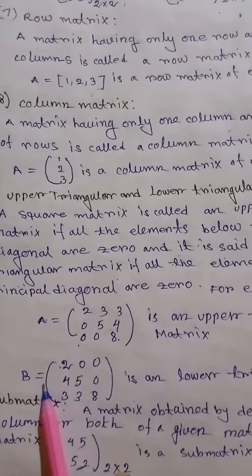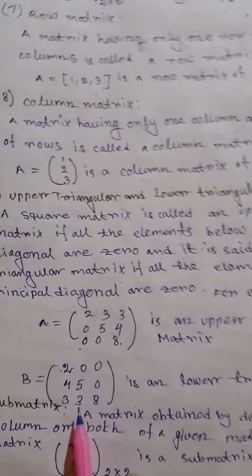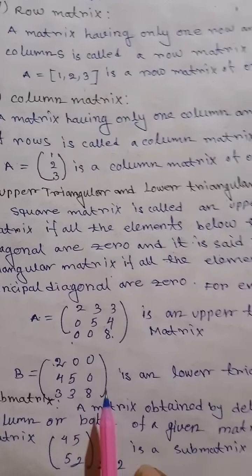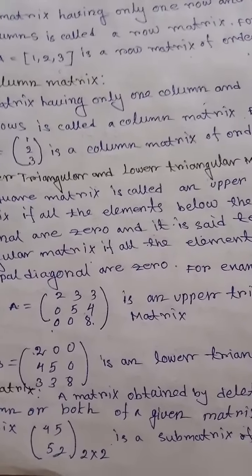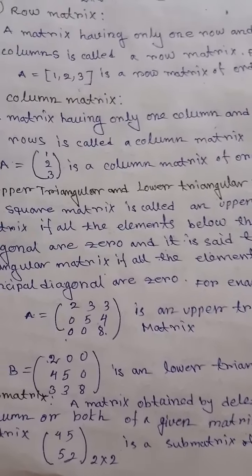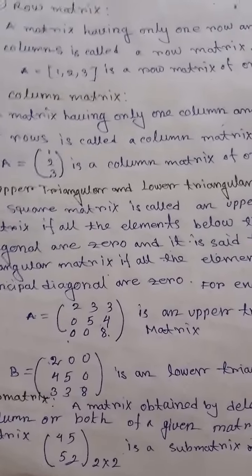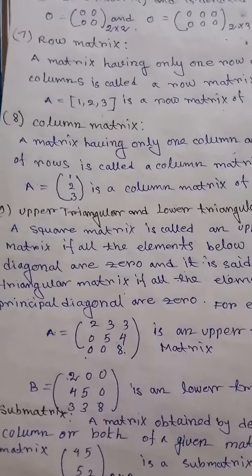For example, matrix B with rows 2 0 0, 4 5 0, 3 3 8 is a lower triangular matrix because all elements above the principal diagonal are 0 0 0.